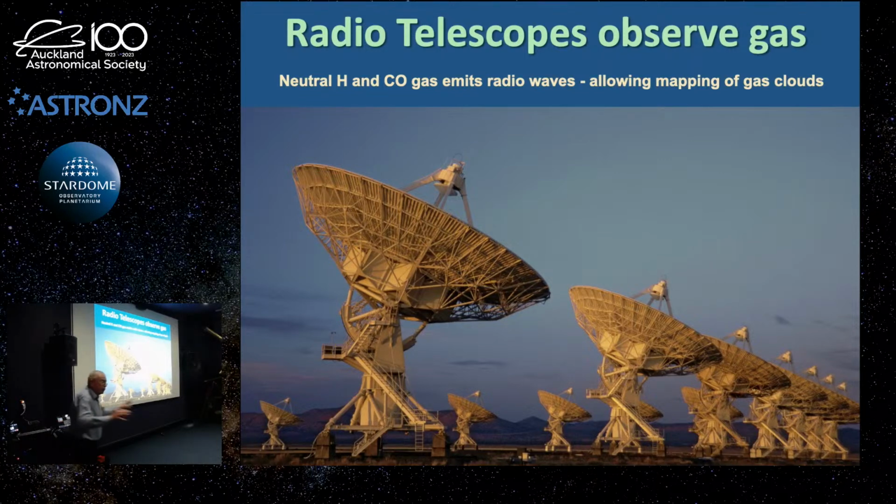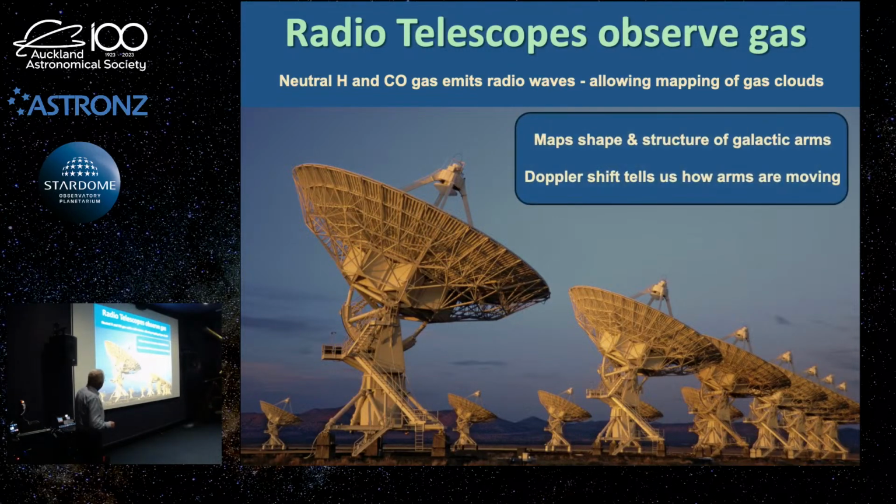So it's those two phenomena that radio telescopes can pick up and quite happily map out where all the dust is in the Milky Way, where the gas is, bypassing the dust. And from there they can map out the shape and the structure of the arms in the galaxies, those spiral arms, quite happily, but also the Doppler shift, and that's when something's coming towards you or away from you, the wavelength just gets changed, gets stretched out a little bit if it's moving away from you, or shortened if it's coming towards you.